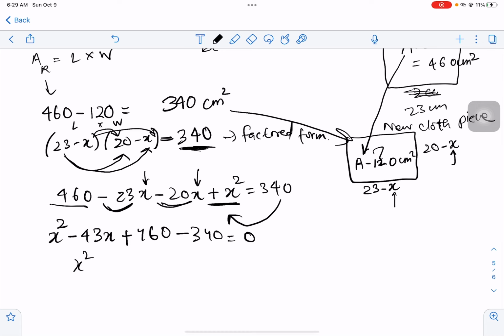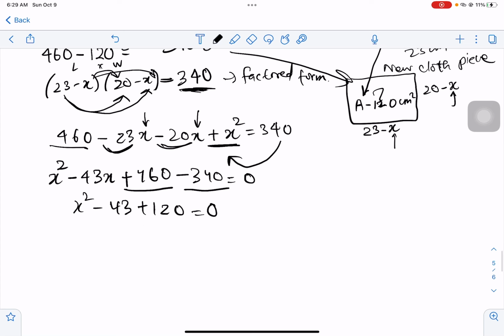So finally we have x square minus 43x, and positive 460 minus 340 is positive 120, equals 0. Now this is a quadratic equation and you can use either polynomial tiles or the sum and product method.